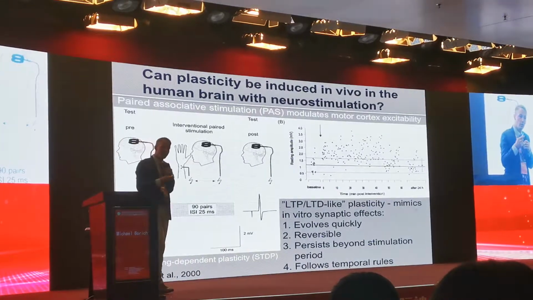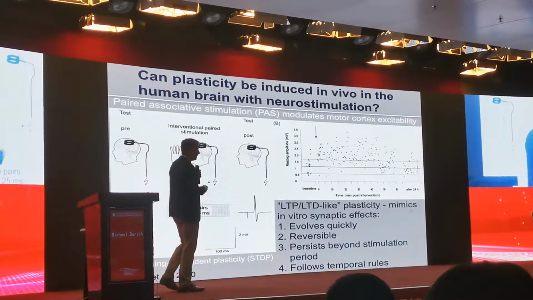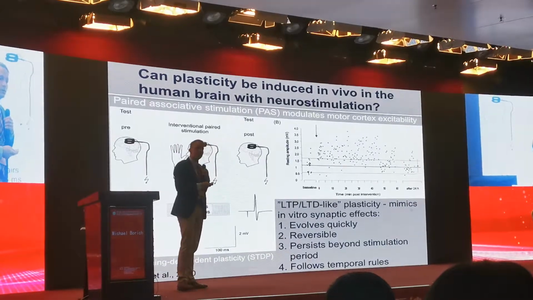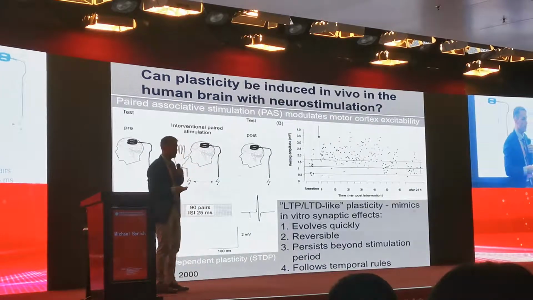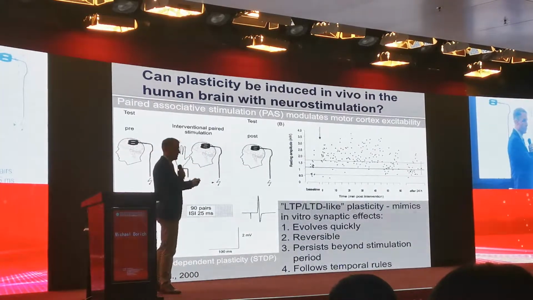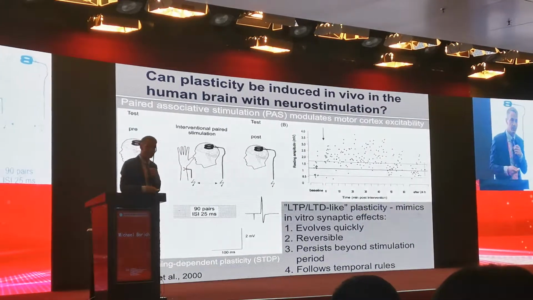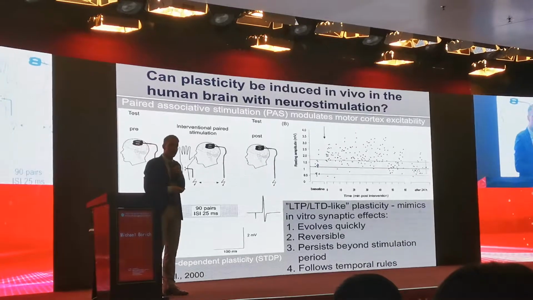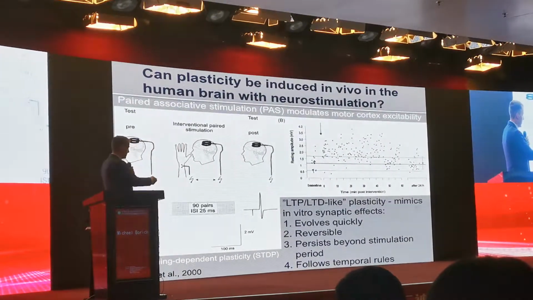So not only do we see a change in excitability during stimulation, we see it after. And that it follows temporal rules. So if you get the timing wrong, so to speak, or there's asynchronous arrival of the inputs, you actually get a depressive effect rather than a potentiated effect when you have a synchronous input. So we think we're leveraging some of the synaptic mechanisms of spike timing dependent plasticity to change the activity in these populations of synapses.